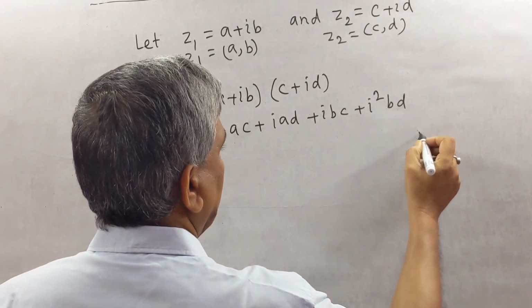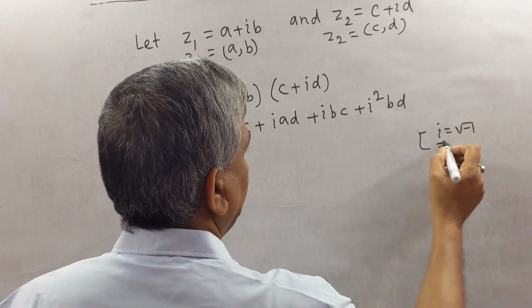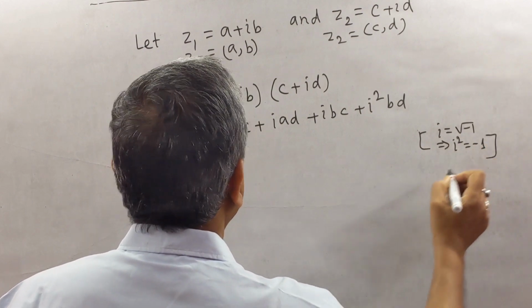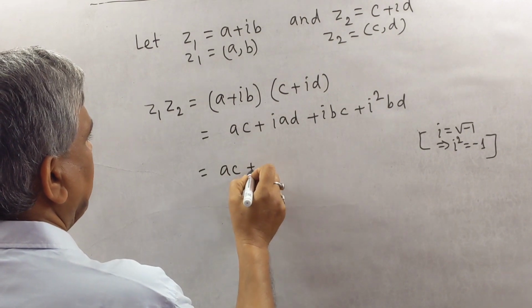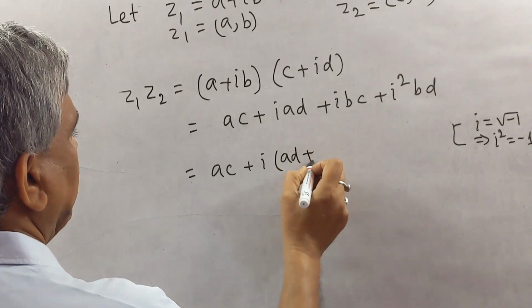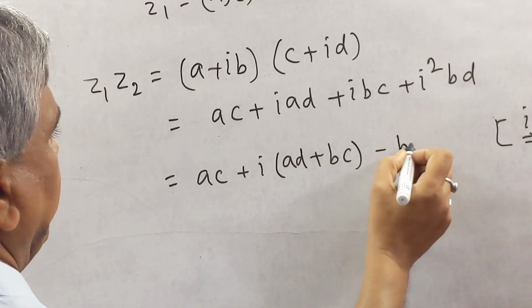Since i equal to square root minus 1 implies that i square equal to minus 1. So we may write ac plus iad plus ibc minus bd.